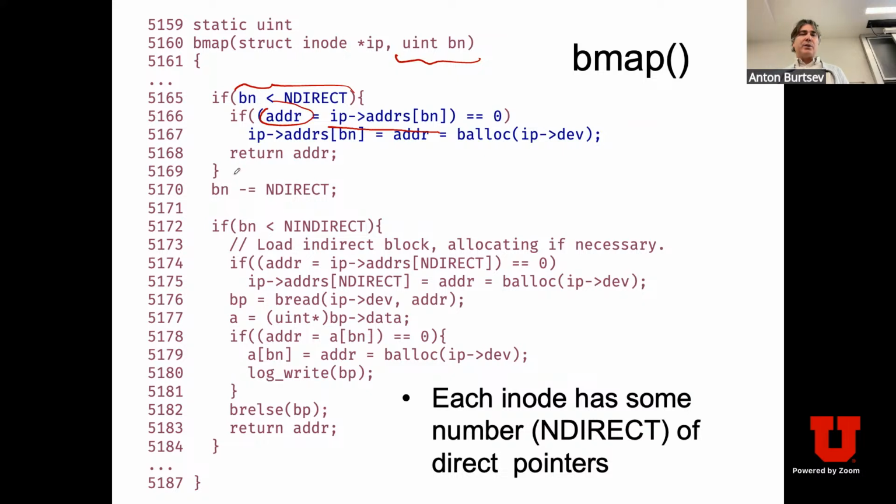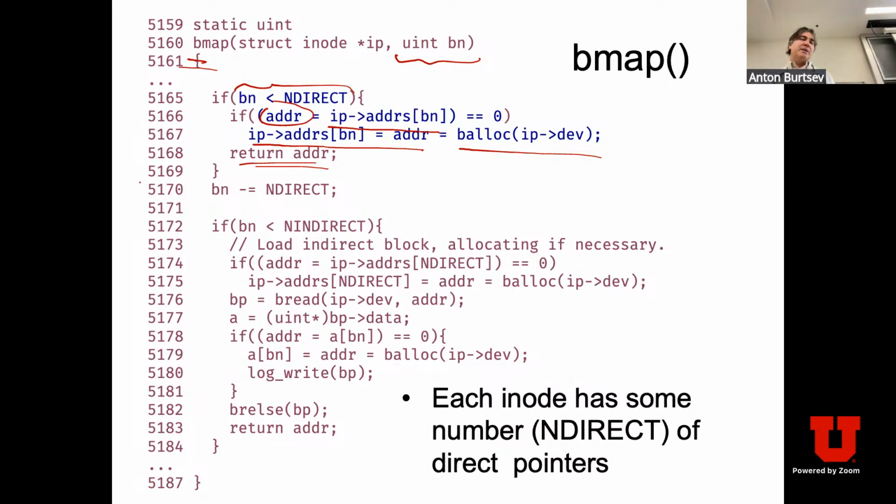If it's suddenly 0, like it was never allocated, because bmap works for both reads and writes, and maybe you never yet had this block, so it's a brand empty file and you're reading block number 0, so it will allocate it. It will go to the block allocator, which we'll cover in a second, returns a block number and writes it back into this array. It's kind of like allocating an intermediate page in a page table. Although here we're just allocating a block and we're returning the address directly back to the user, right?